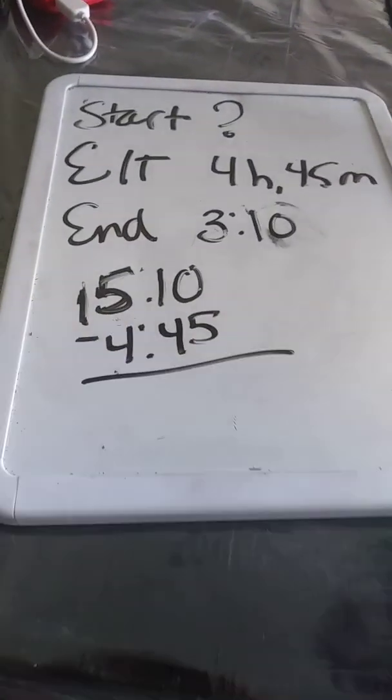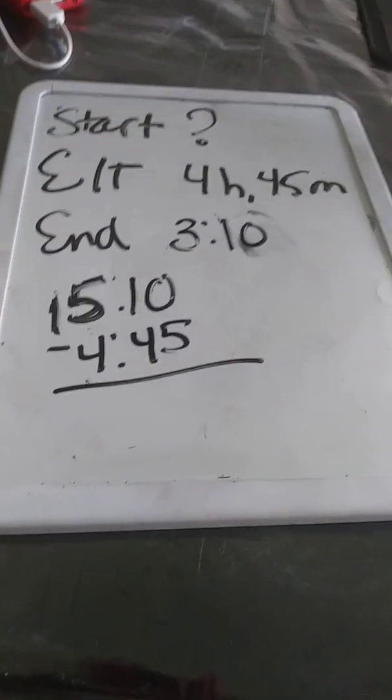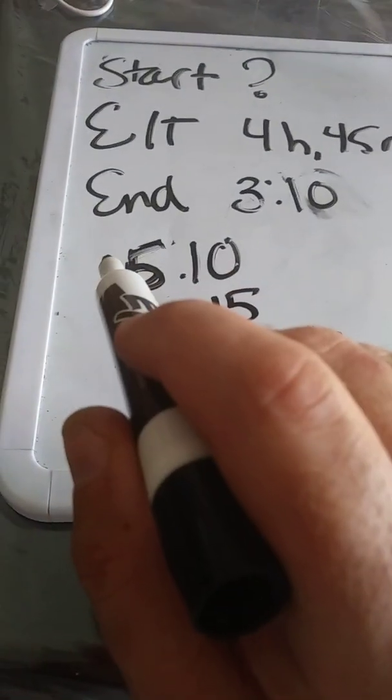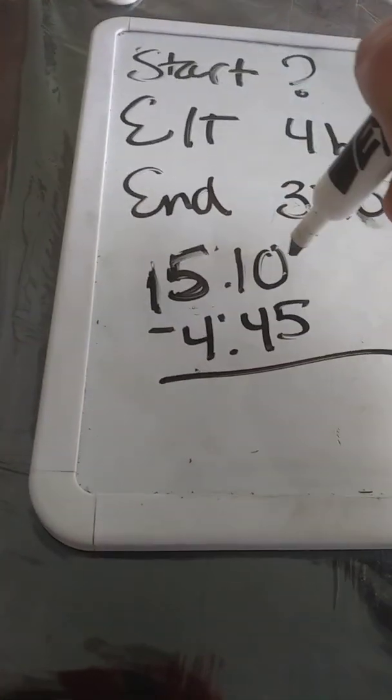Now I treat this like a normal regrouping situation. Here's the issue though. 10 is too small for 45. What am I going to do? Well, just like I would do for normal subtraction, I'm going to regroup by borrowing from the bigger neighbor, the place value neighbor. In this case, I'm going to take an hour away from the 15, so I can put it over here.